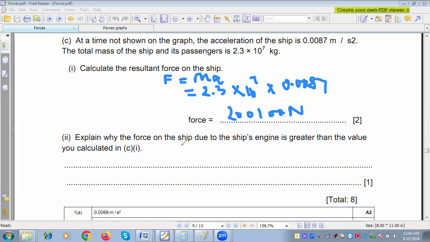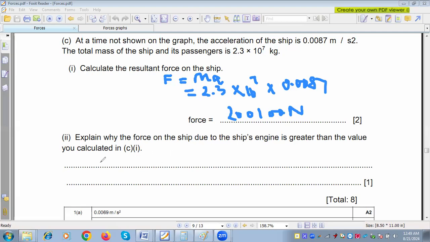Explain why the force on the ship due to the ship's engine is greater than the value you calculated. Of course, there will be resistive forces due to water, which will be opposing the motion, in the opposite direction.